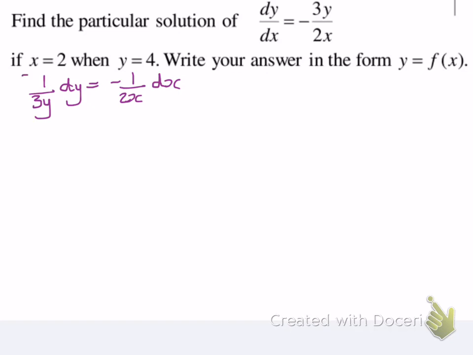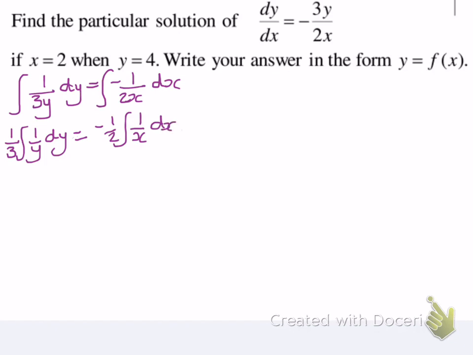And we shall integrate both sides. So bringing out my third, I can now write the left hand side as 1/3 times the integral of 1 over y with respect to y is equal to minus a half integral 1 over x with respect to x.